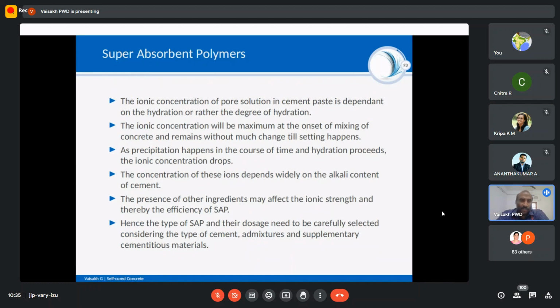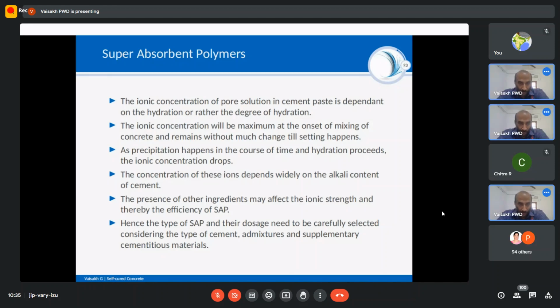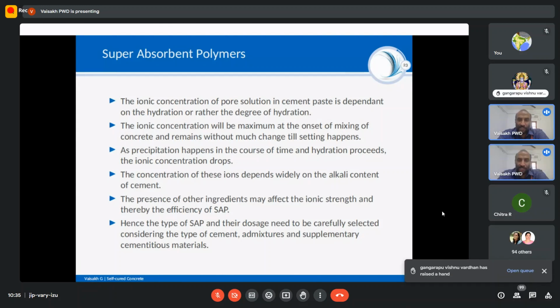The ionic concentration of the pore solution in cement paste is dependent on the hydration rather than the degree of hydration. That is very important. So, the ionic concentration will be maximum at the onset of mixing, that is at the beginning, and remains without much change till setting happens.